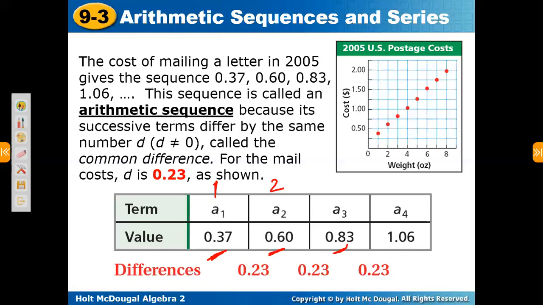So if you graph this on the x-axis and this on the y-axis, your graph will be a linear graph as shown here. As you can see, if you join the points, it will be a linear graph.